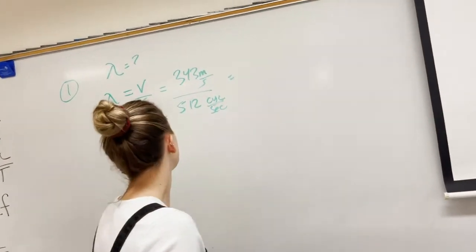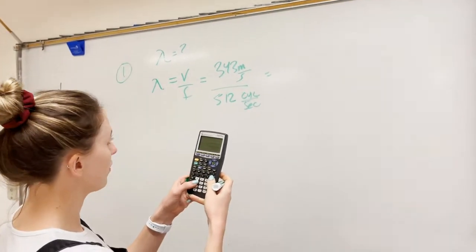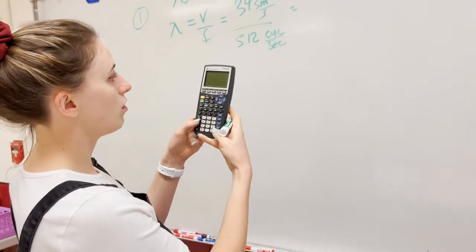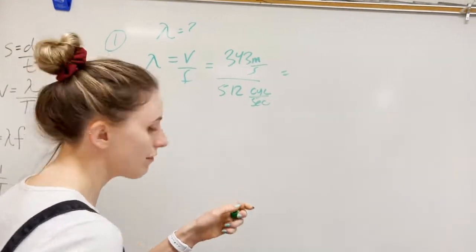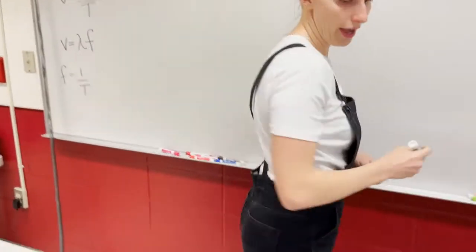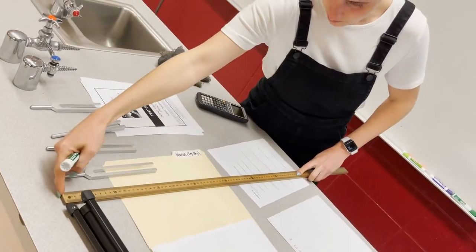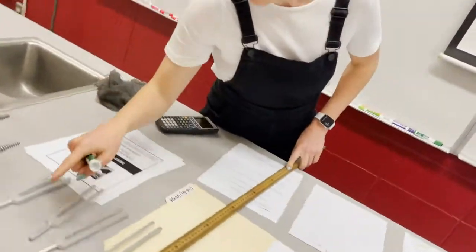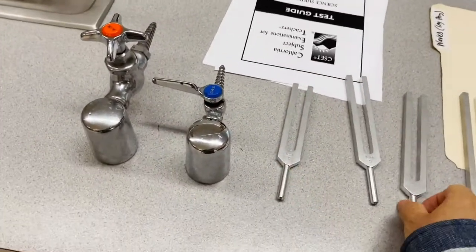So let's plug this in. 343 divided by 512, and I get, we'll call it, 0.7 meters. That's 70 centimeters. On that meter stick, that's gonna be right from here to here. Cool. Okay, and was that this one, Boykin, or was that this one? That was the 512. Cool. Let's do this one.